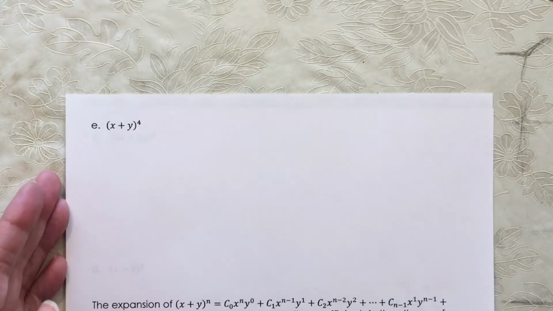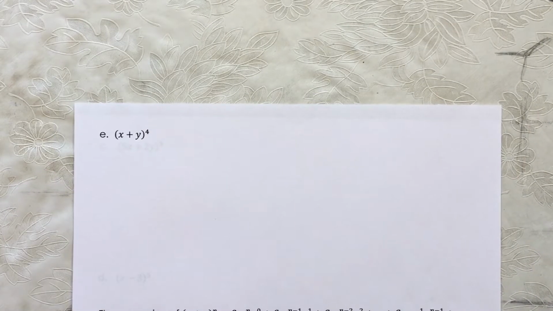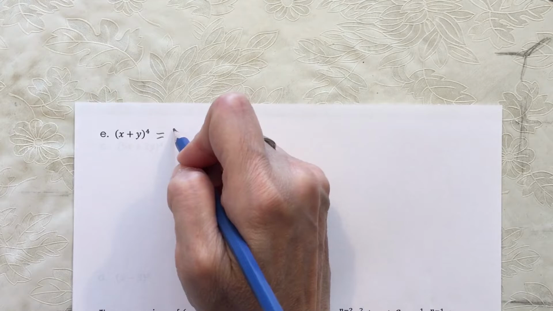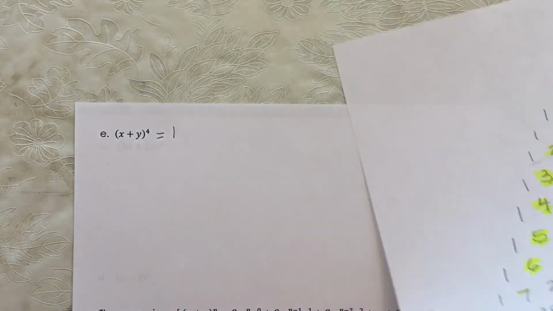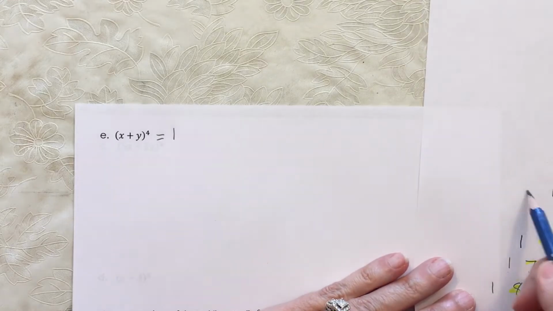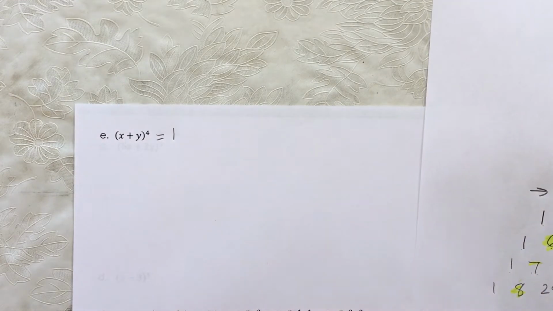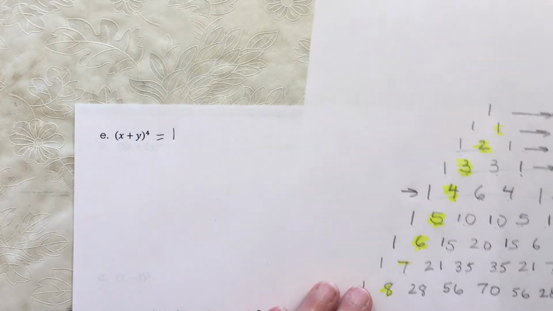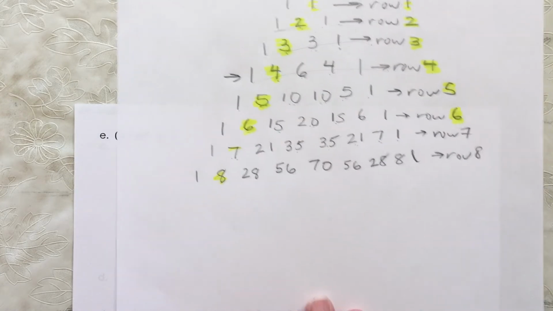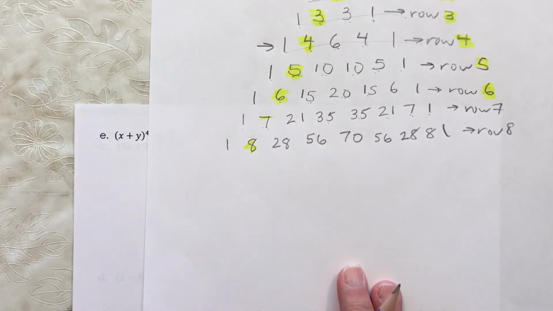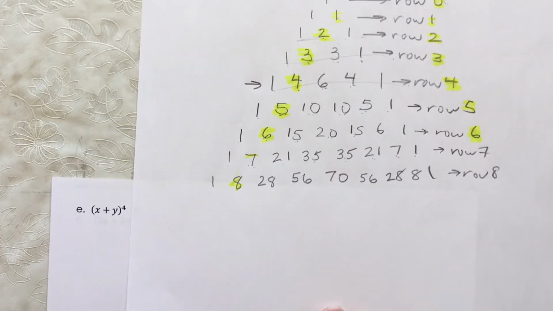So that was our e, x plus y to the 4th. So we determined that it was going to be 1, the first. So if we look at, I can get this over here. So we're looking at the 4th row of Pascal's triangle. Move it over here, and I'll move this down so we can see them both at the same time.